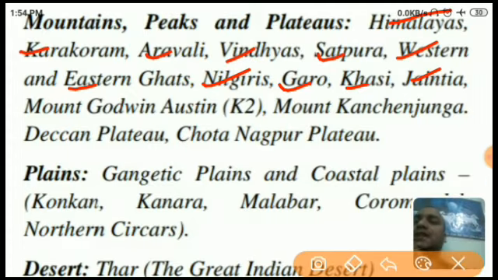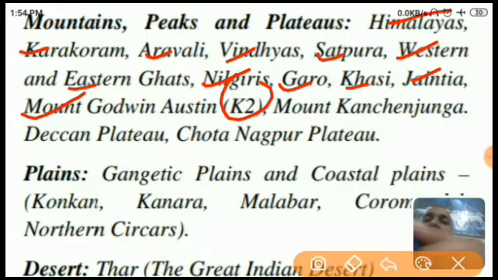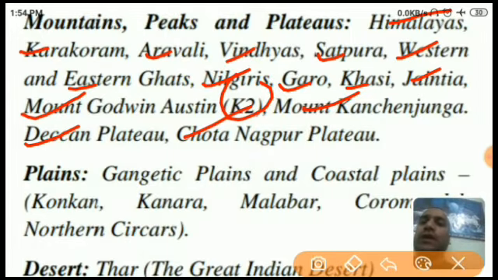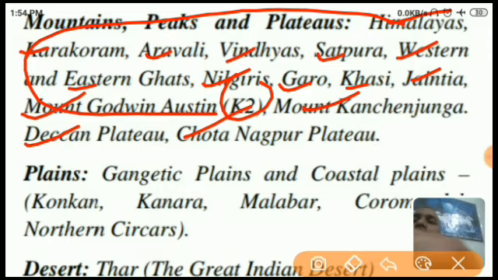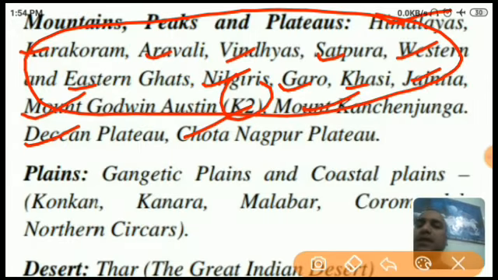Then two mountain peaks: one is Mount Godwin Austen, which is also called K2, and the next is Mount Kanchenjunga. And only two plateaus: the Deccan Plateau and the Chota Nagpur Plateau. These all are the mountains, peaks and plateaus. I will explain each map location in detail later.